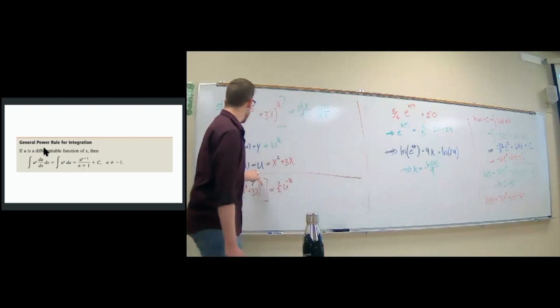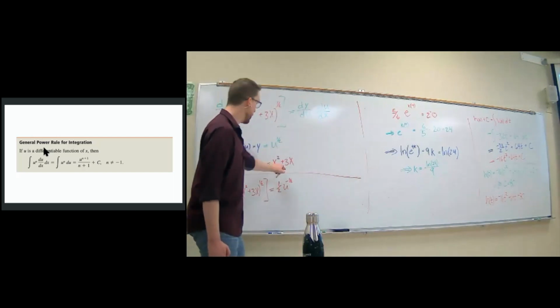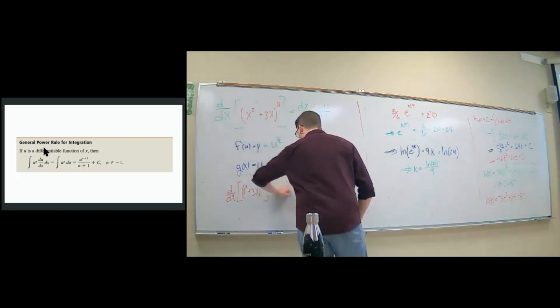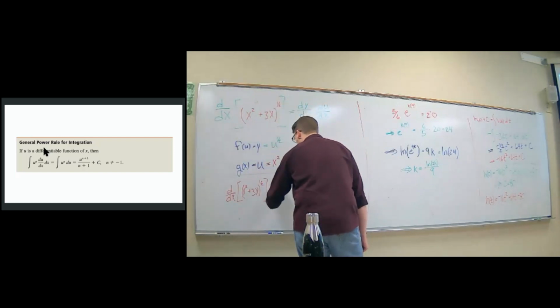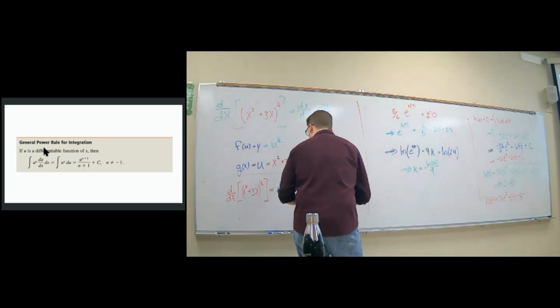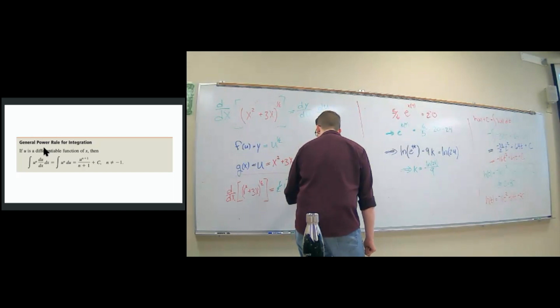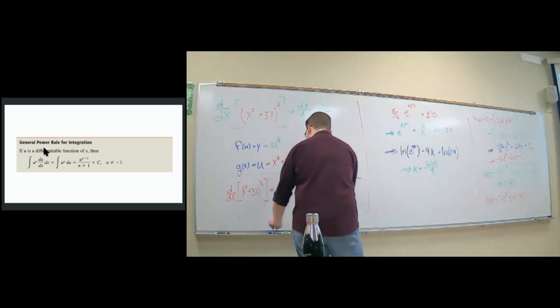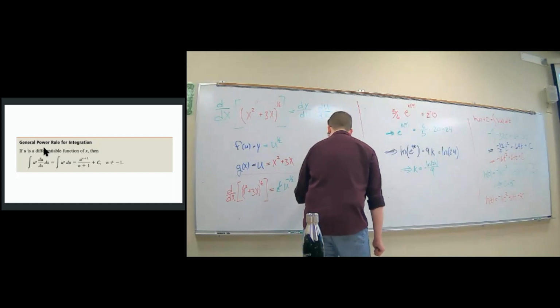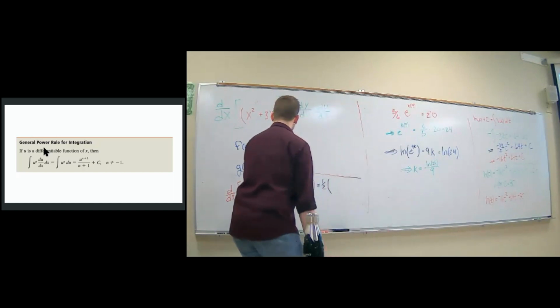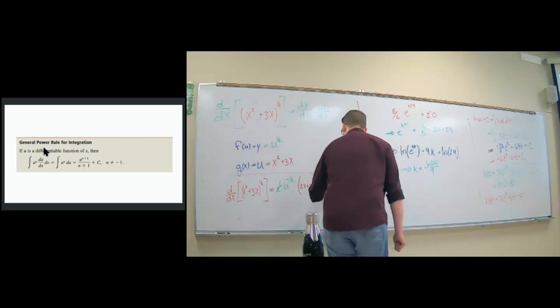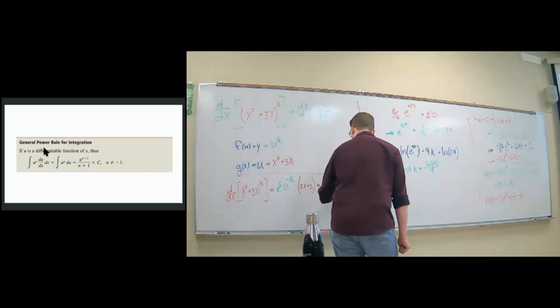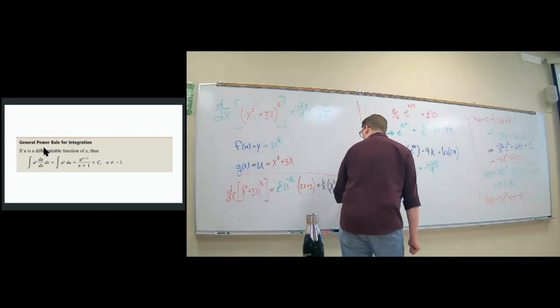Times the derivative of u with respect to x. So let me write this in a cool color coordinated way. Times du dx, that is 2x plus 3, to give us 1/2. So we just said u is equal to x squared plus 3x, to the negative 1/2 power, times 2x plus 3.